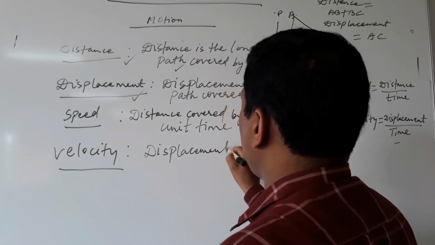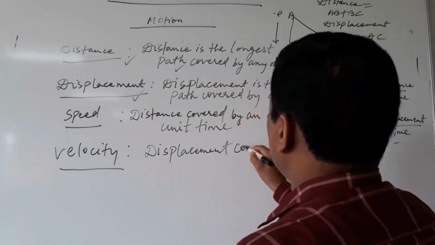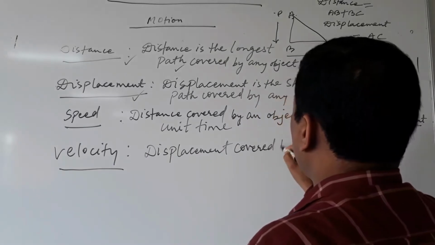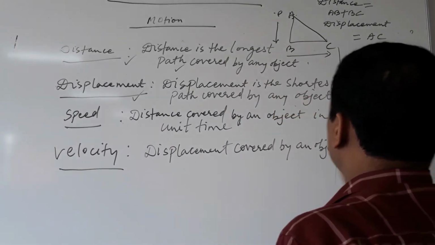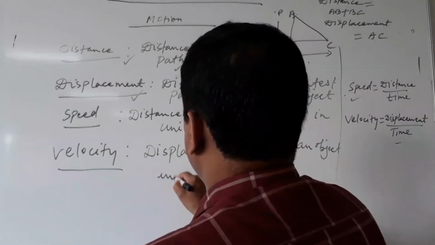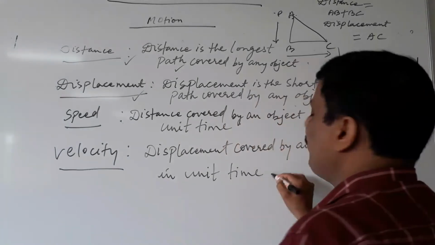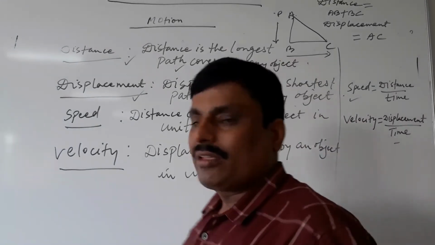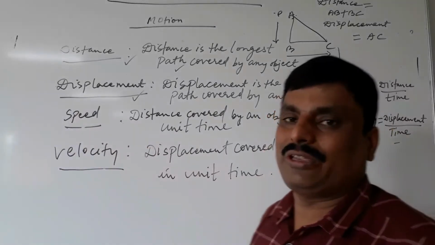Displacement covered by an object in unit time, or per unit time, gives velocity, and distance gives speed.